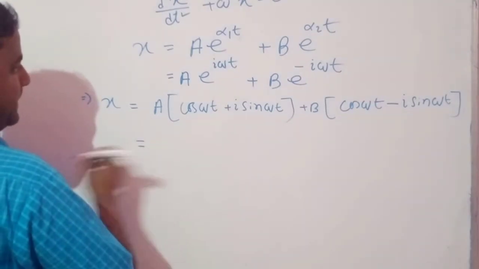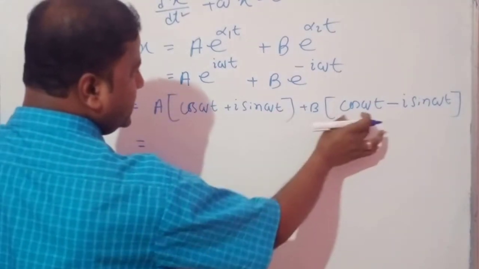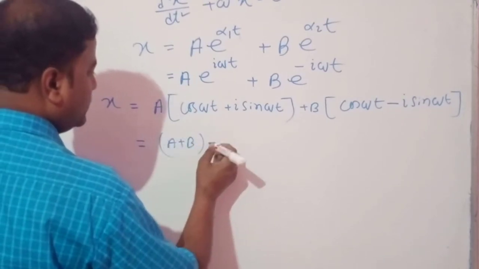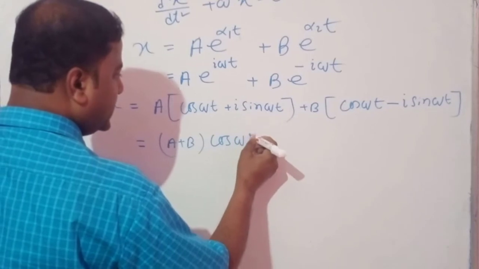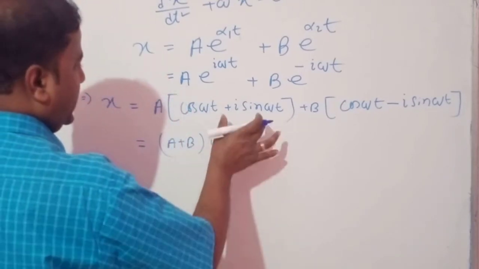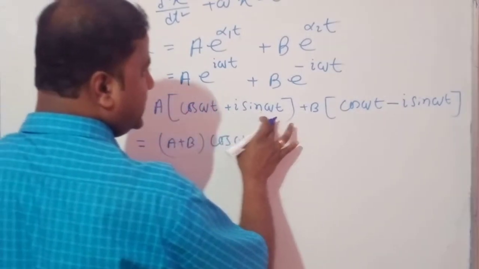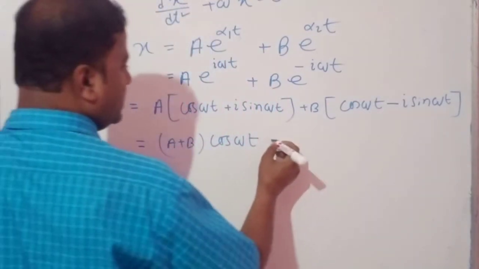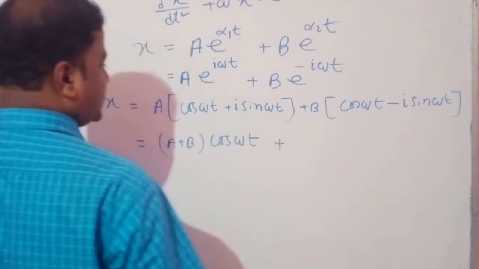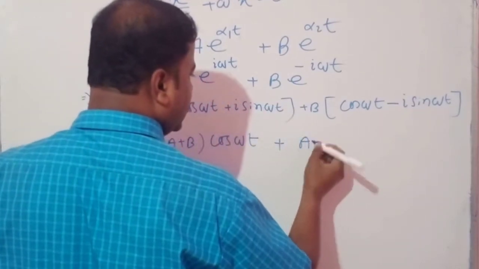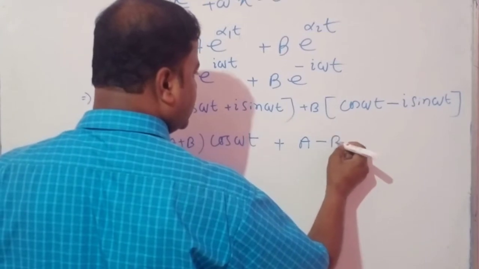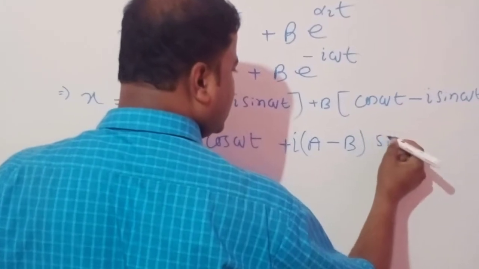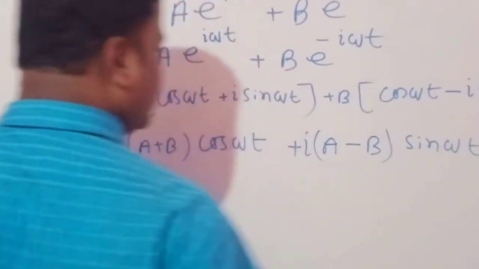Now cos omega t, this is cos omega t, then we get a plus b into cos omega t, and this is ai sin omega t, this is minus bi sin omega t, then plus a minus b into i into sin omega t.